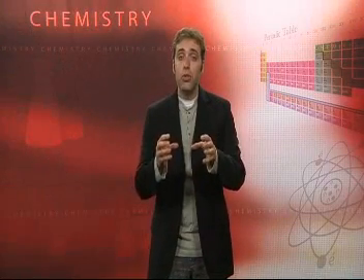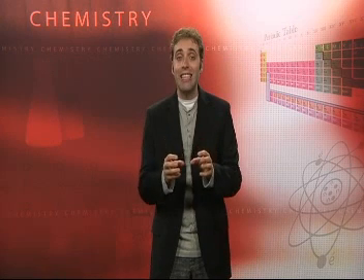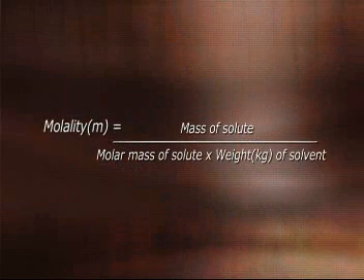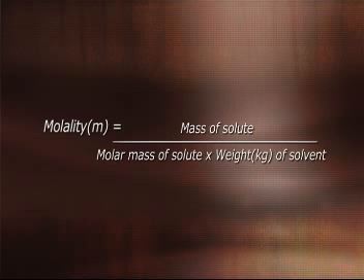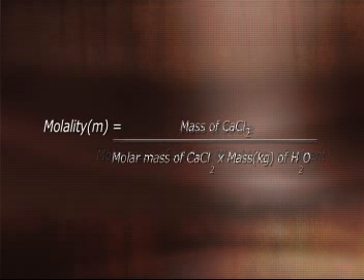In order to determine the molality of the solution, what do we need to do? We can use the second equation we looked at earlier. Molality is equal to the mass of solute divided by the molar mass of the solute times the weight of the solvent in kilograms.